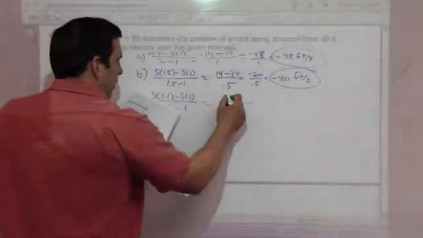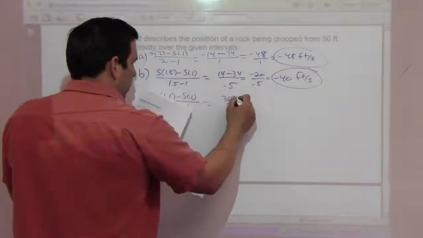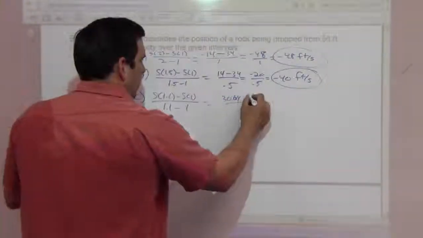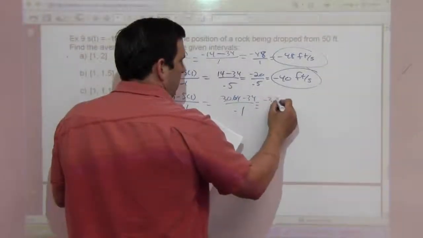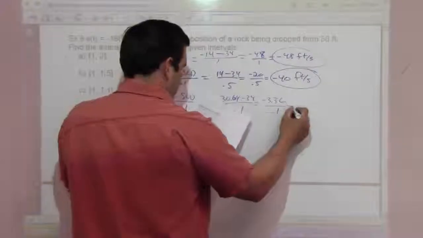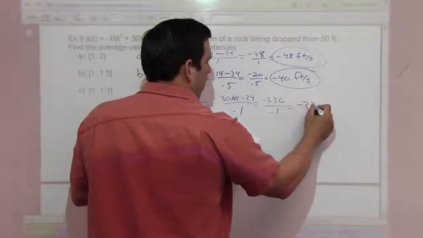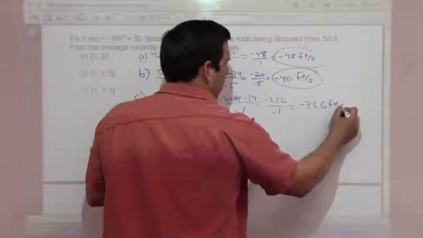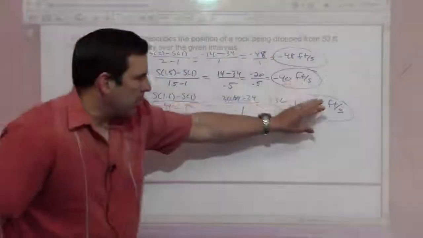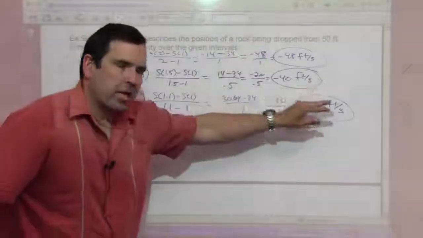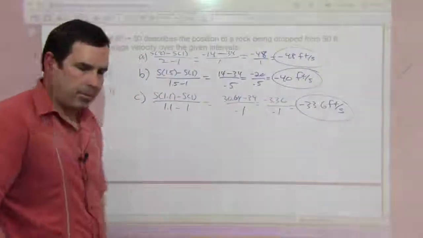That's going to give us 30.64 minus the 34. So we're looking at negative 3.36 over 0.1, which is negative 33.6 feet per second. We can see this becoming smaller and smaller, and we eventually have the limit go into a specific value.